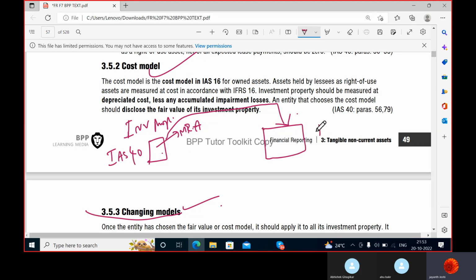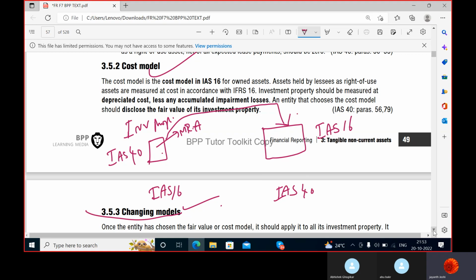Then IAS 16 comes into the picture. So from IAS 40, the treatment changes to IAS 16. Vice versa, if this property is used by you for your own purpose, then IAS 16 was applicable. But if you want to let it out to someone, then IAS 40 comes into the picture again.